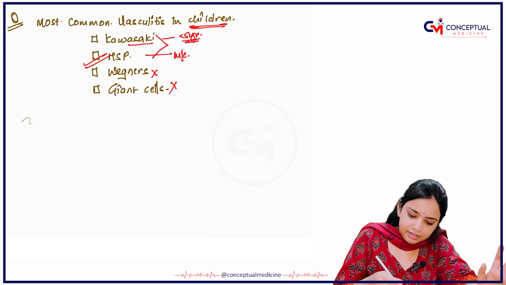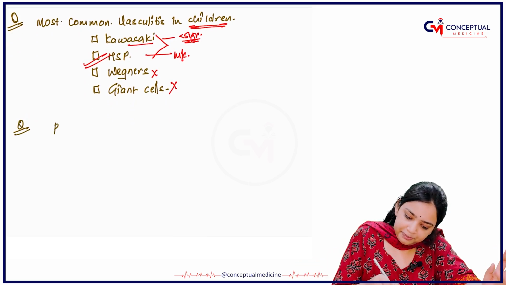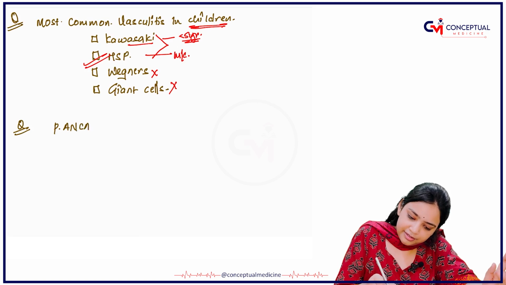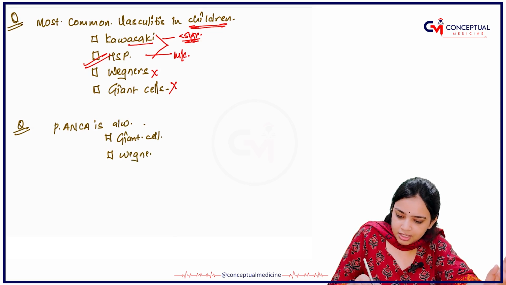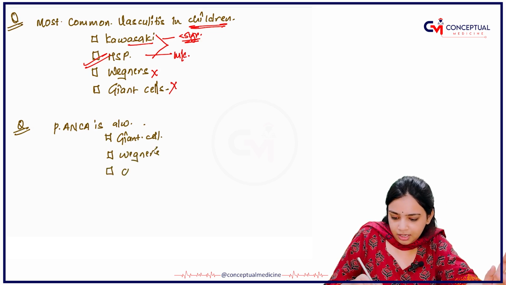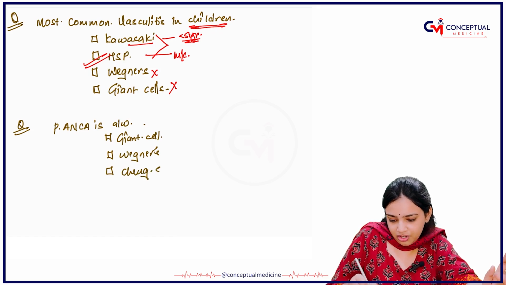One more thing. Which one is associated with asthma? Is it the giant cell? Is it the Wegener's? Is it the Churg-Strauss?